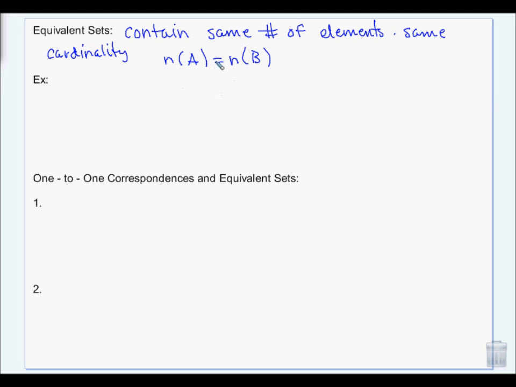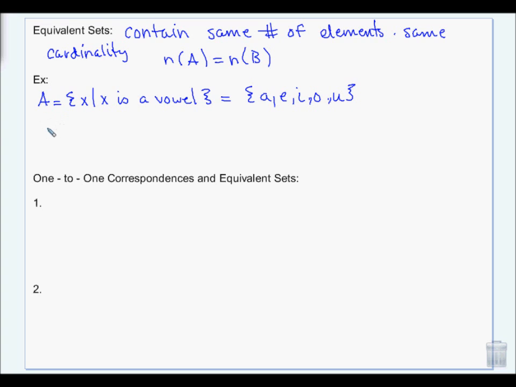An example of that: if I had the set A, which is x such that x is a vowel, that means we have a, e, i, o, and u. We're going to skip the sometimes y.